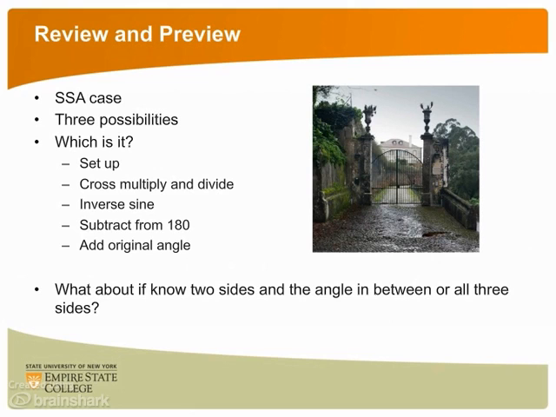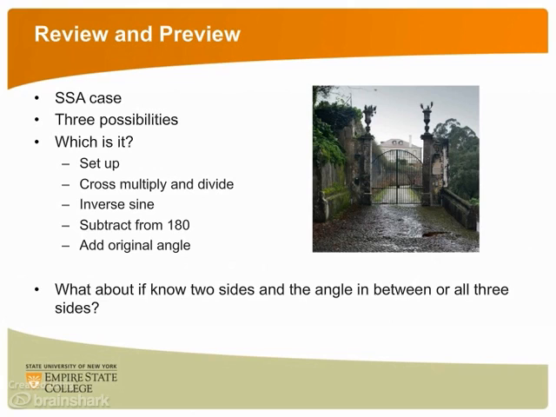To determine which case we are faced with, first set up an appropriate law of sines proportion. Cross multiply and divide to solve for the sine of a missing angle. If that amount is greater than 1, no triangle is possible, and we cannot go any farther. Otherwise, we take the inverse sine to find the first possible value for the angle measure.